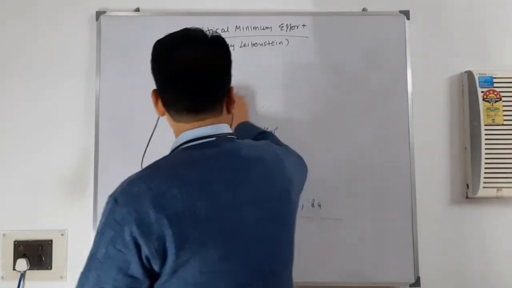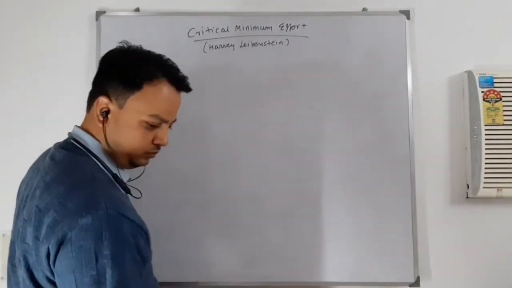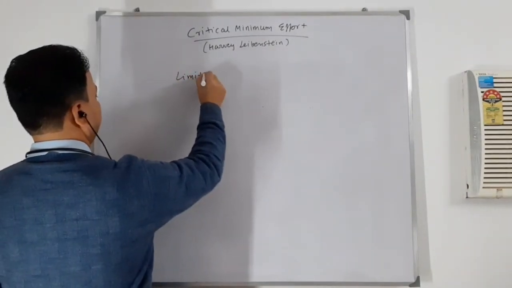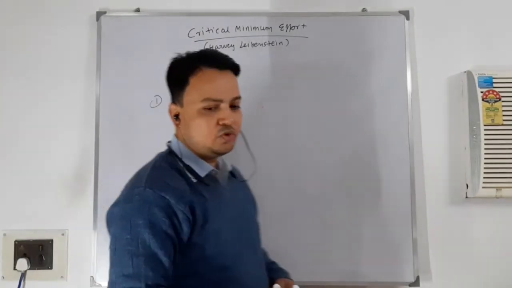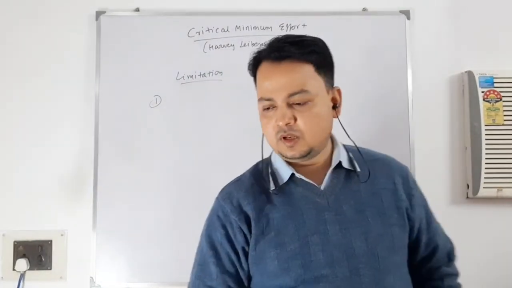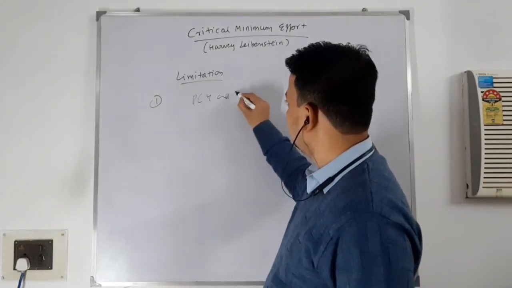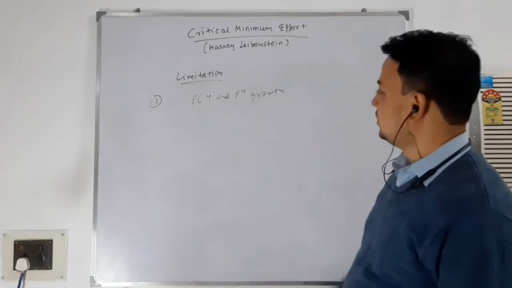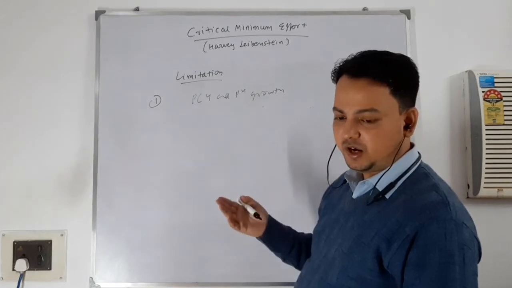Now, limitations of the model. So first thing, he talks about the relationship between per capita income and population growth. The way he has presented the relationship is in a very simplified way.